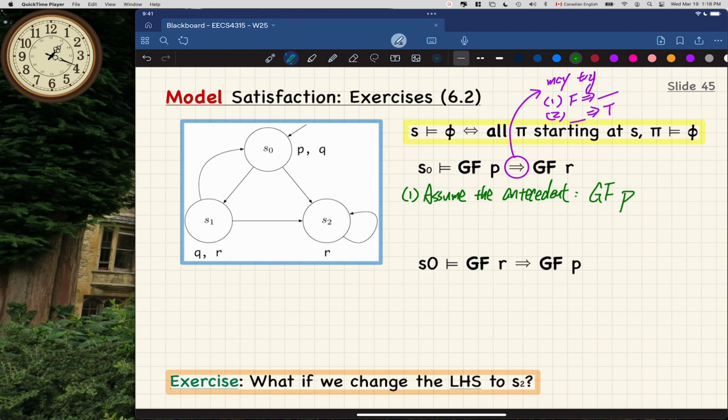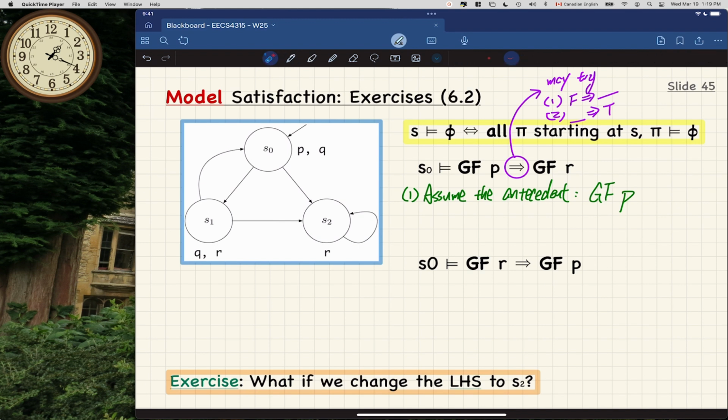What do I mean I assume it? That means I only care about those paths where infinitely often P is actually true. For those paths that do not have this property about infinitely often P, I simply don't care. Right? That's assuming the antecedents.